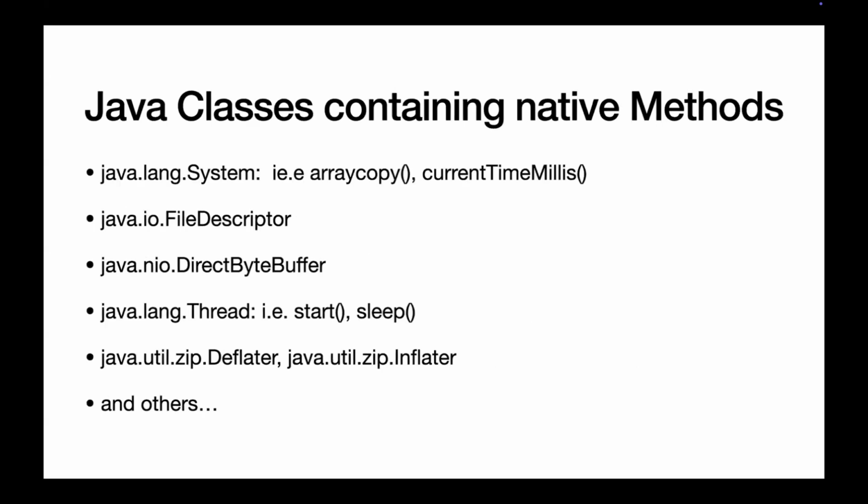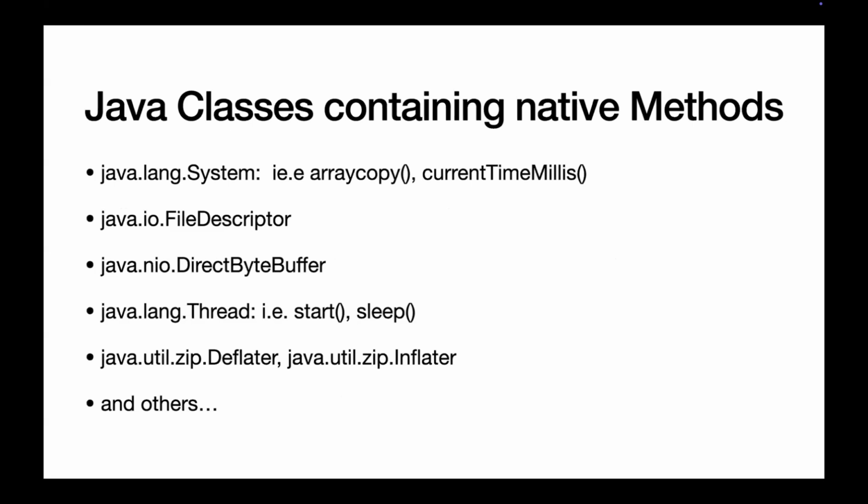And as I said, even Java and the JVM use JNI, and there are classes which have native methods. It's just a natural thing: for instance, the clock is running on your computer, so you want to know what time it is, and so on.